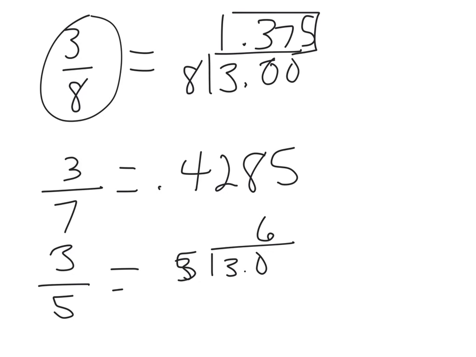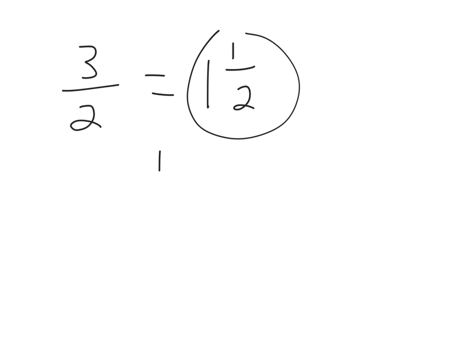We're going to get 6.6. And we continue on, we get 1, and then the last fraction of that series, which was 3 over 2, we already know by looking at this that that's going to be greater than 1, which was the fraction that we just did. So that one would be 1.5.